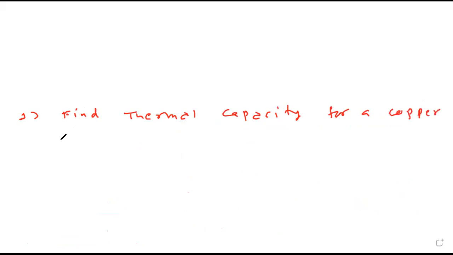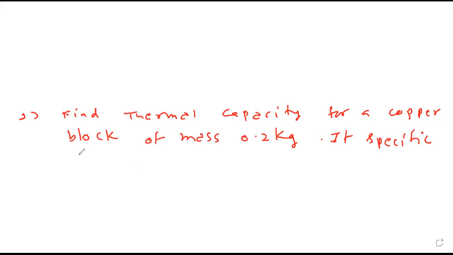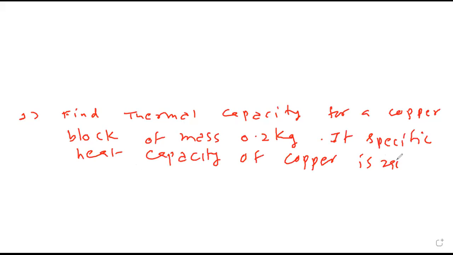Write one numerical. Find thermal capacity for a copper block of mass 0.2 kg if specific heat capacity of copper is 290 joule per kg degree Celsius.